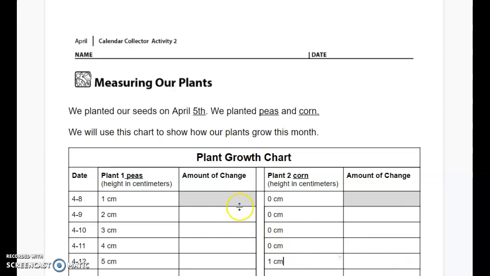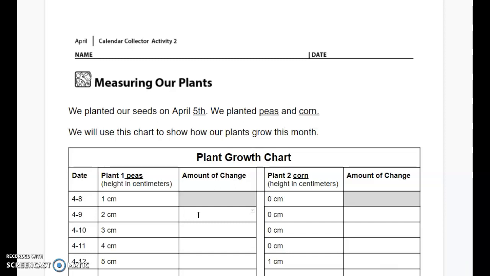Now I want us to look at this column we haven't talked about yet called amount of change. This column wants to know how much our plants have grown each day. We don't have any change for our first day because we didn't have a measurement before this day. So let's look at the 9th, and I want you to think, how much our peas have grown in 1 day.